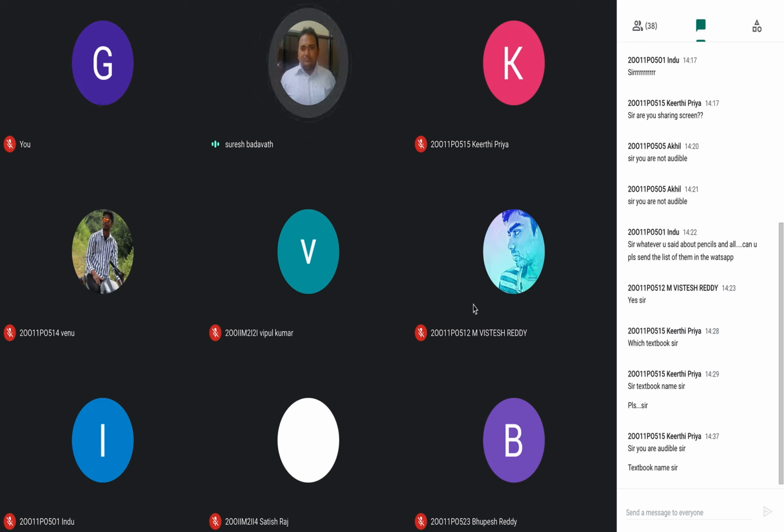First take the textbook and all the drawing instruments to today's class. The next class will be how to practice drawing, first lettering. Without practice you cannot understand the drawing. First take the drawing sheet, and see how to practice in engineering graphics.